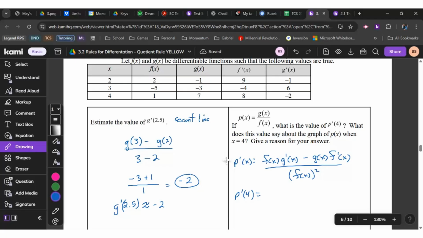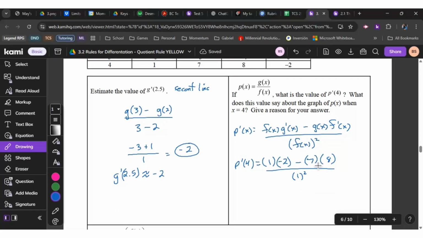Now that we've done that, we can find p prime of 4 by plugging those in. f of 4, if we look over here, is 1. G prime of 4 is negative 2. G of 4 is 7. And f prime of 4 is 8. And f of 4 we had already said was 1, so 1 squared on the bottom.